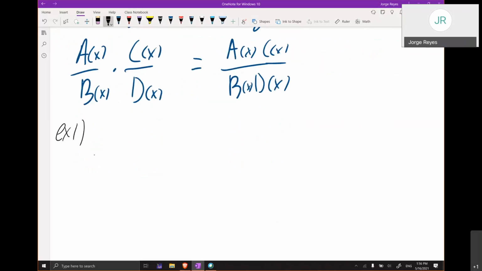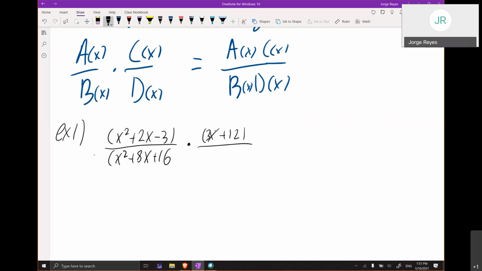So here I'm gonna have x squared plus 2x minus 3 over x squared plus 8x plus 16, and I'm going to multiply this by 3x plus 12 all over x minus 1. Again, you just stick them next to each other.